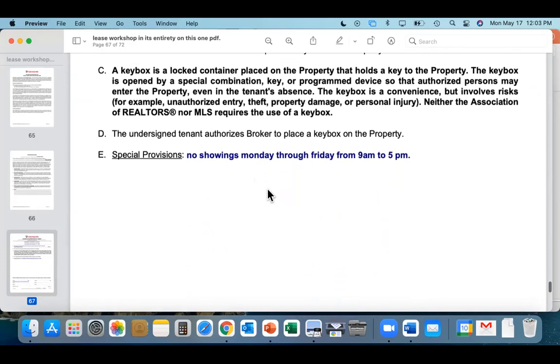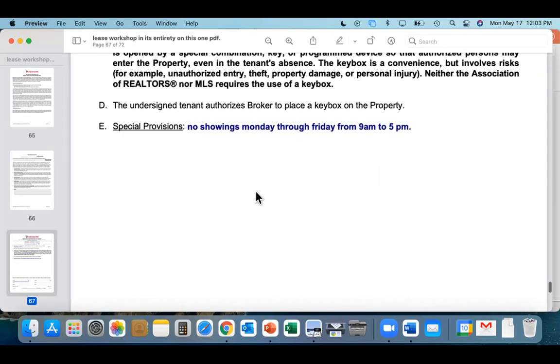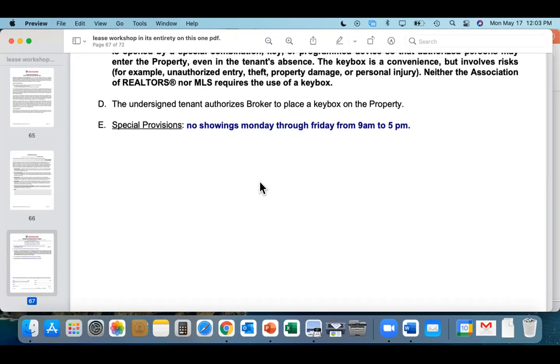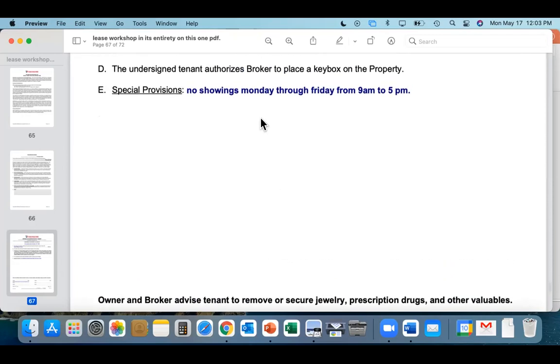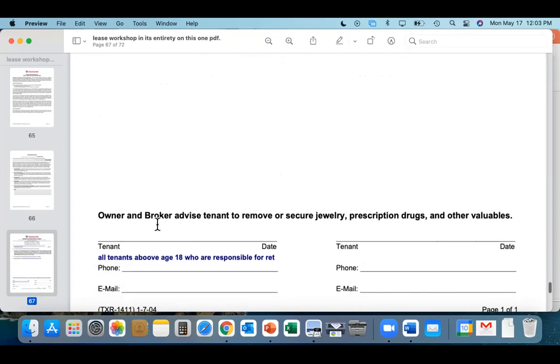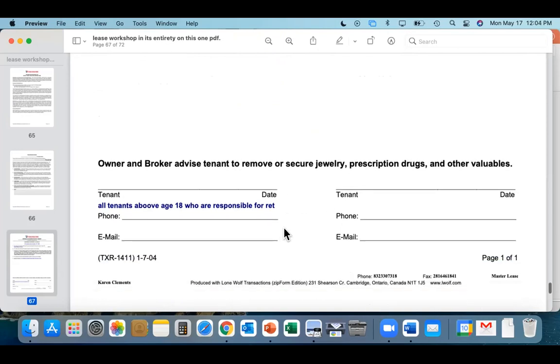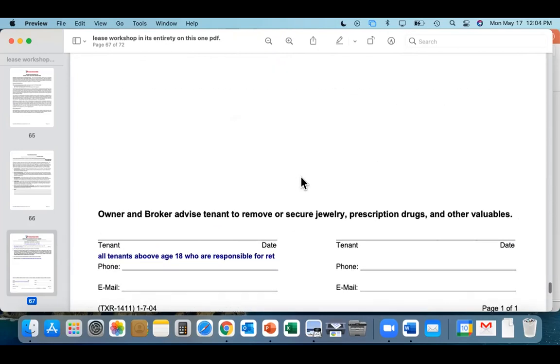Special provisions. This would be reserved for if the tenant says, I have sick children, or I can only show the house a certain amount of time. And that's where you would just put that in there. It says the owner and broker advise the tenant to remove or secure jewelry, prescription drugs, and other valuables. And this is where we have the tenant go ahead and sign.